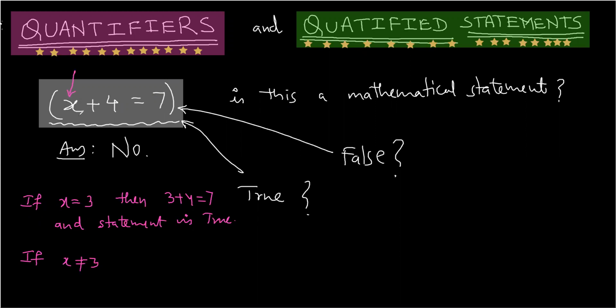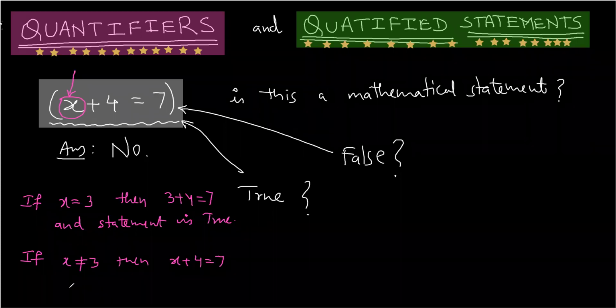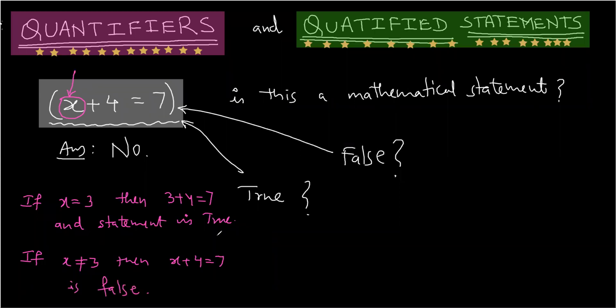Suppose x is 7. If x is not 3, can some number other than 3, if I add it to 4, give me 7? No. Then x plus 4 is equal to 7 is false. So what is happening, students? If x is 3, then this is true. If x is not 3, then it is false.